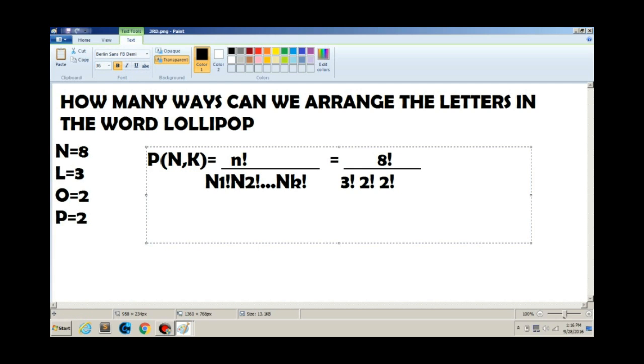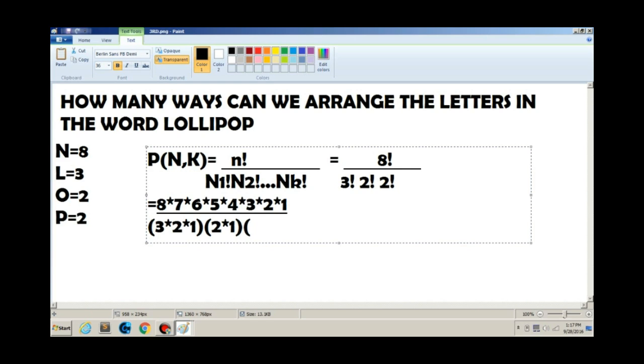So 8 factorial is equivalent to 8 times 7 times 6 times 5 times 4 times 3 times 2 times 1, over 3 factorial, which is 3 times 2 times 1. 2 factorial is 2 times 1.